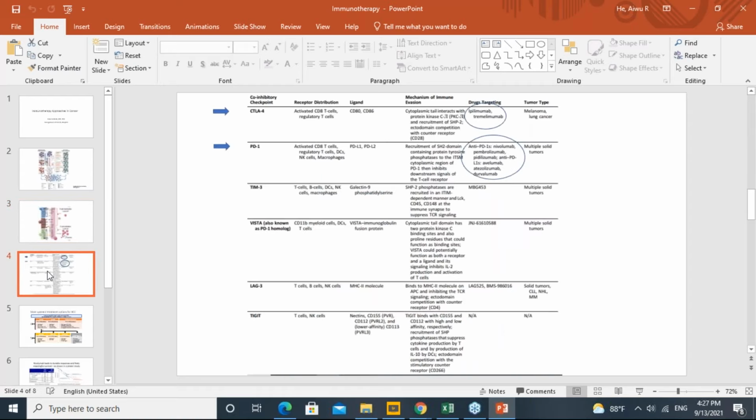So now I'm going to show you a table, and quite a busy table. I put a large blue arrow and a circle because those are FDA-approved drugs. And the discovery of the immune checkpoints has led to the development of a lot of new drugs, and that totally changed the landscape of treatment across disease types.